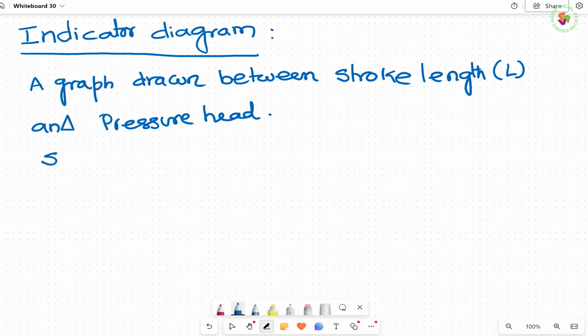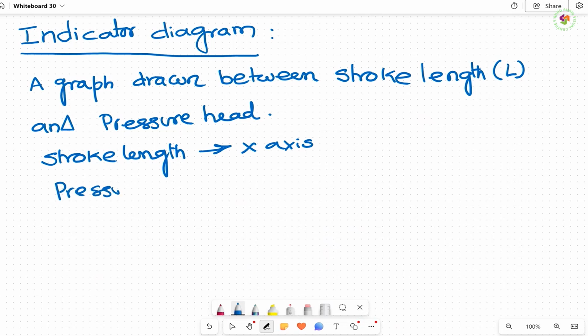The stroke length is taken on the x-axis and pressure head is taken on the y-axis.